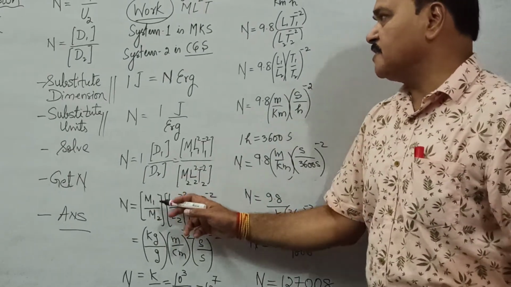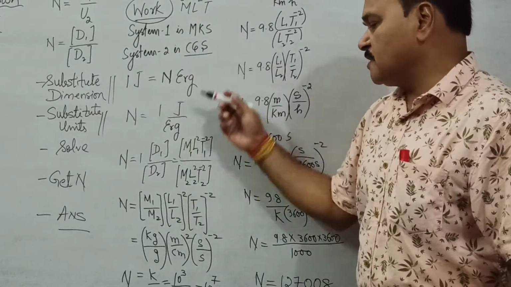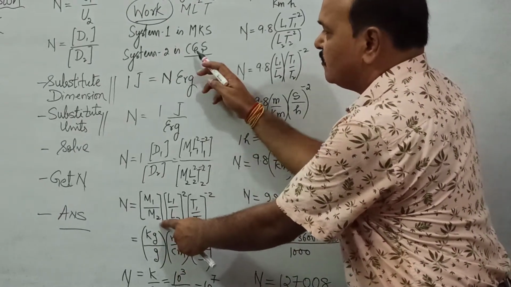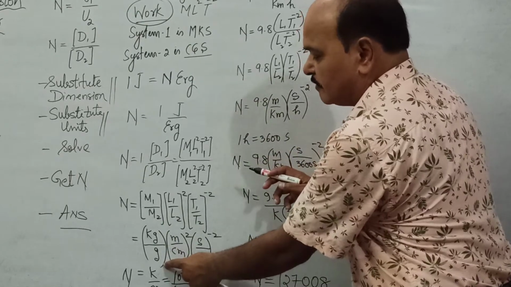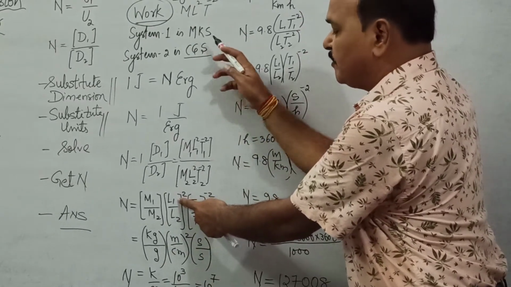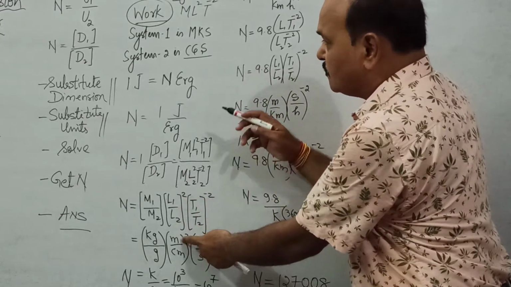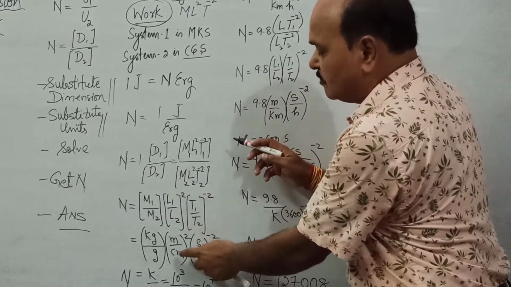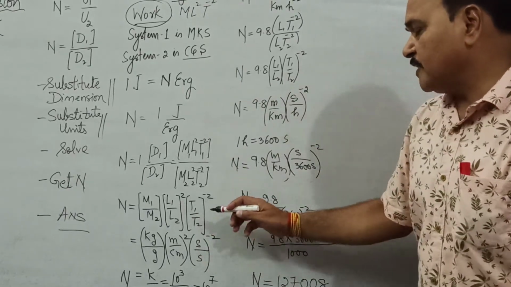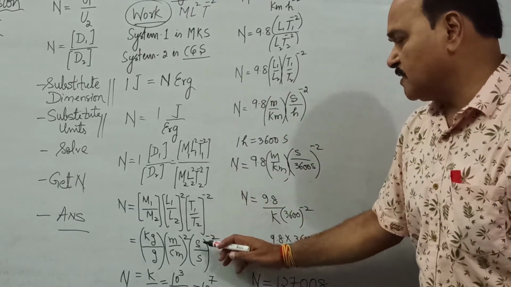In system number 1, which is the MKS system, the unit of mass is kilogram. In system 2, the unit of mass is gram. L1 is the unit of length in system 1, that is meter, and L2 is the unit of length in system number 2, that is centimeter. The unit of time in system 1 is second, and the unit of time in system number 2 is second.